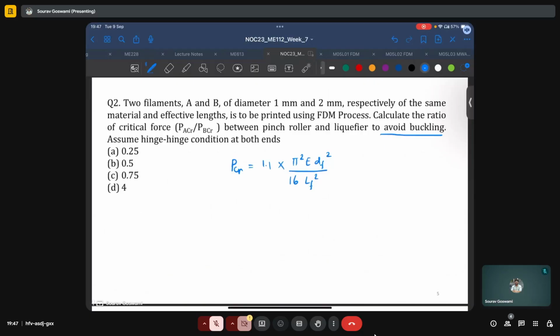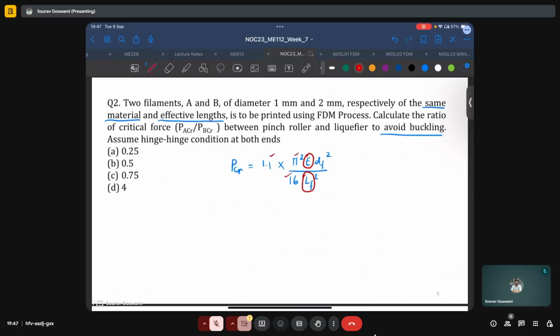However, a few key things to note. Here, 1.1, pi, and 16 are numeric constants. It is given that the two filaments A and B are of the same material, so the Young's modulus E for both will also be the same, and they have the same effective lengths. So this parameter LF in both cases will also be the same.